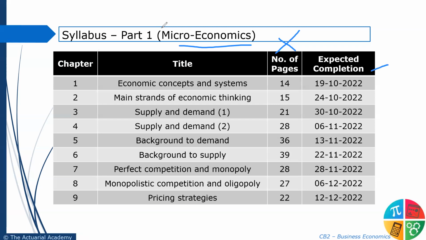You can see the expected completion date here. For each chapter there will be an expected completion date by which all the lectures would be shared with you, and after that, in the next week or the current week, on a Saturday or a Sunday, we would conduct a short mock test, chapter-wise, with one chapter or two chapters combined.